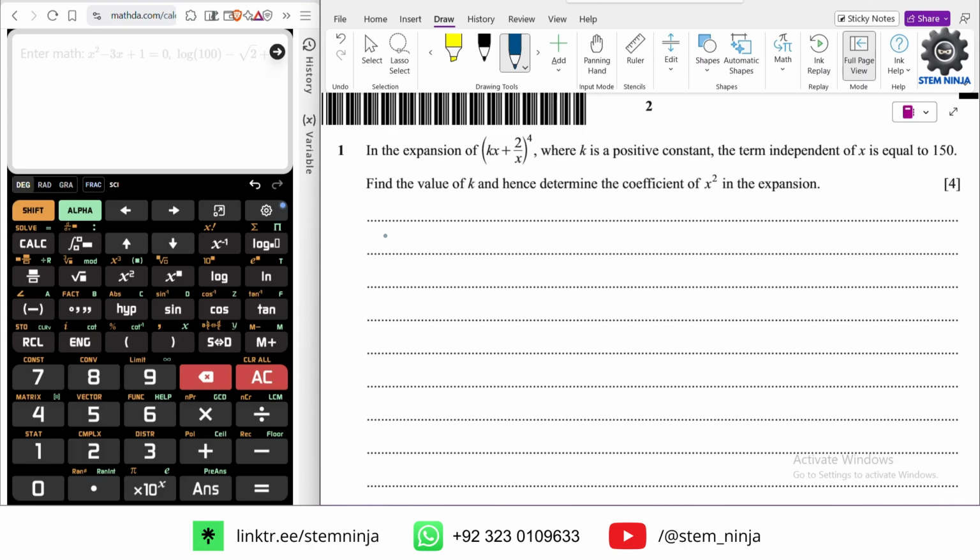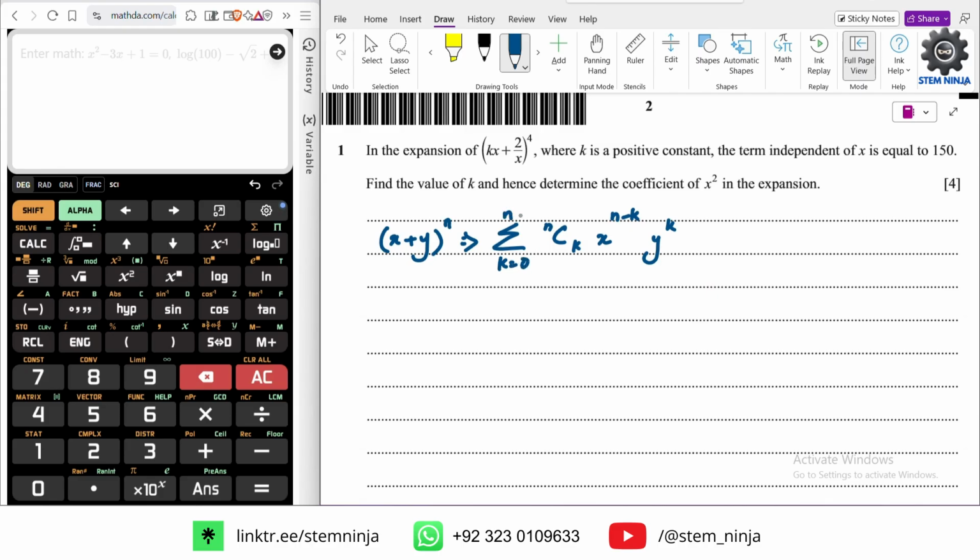So we know the general formula: if we have (x + y) raised to power n, every term will be nCk, x raised to power n minus k, and the second term y would be raised to k, with k going from 0 to n.